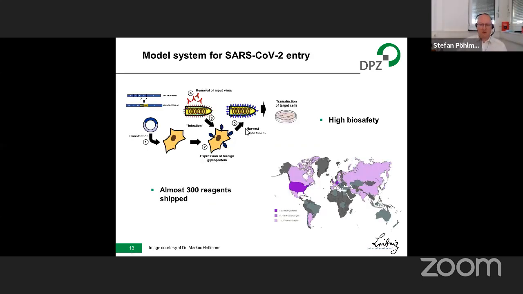They first generated a model system that allows to study SARS coronavirus 2 entry in the BSL-2 laboratory because it relies on pseudotypes based on the vesicular stomatitis virus. It's very safe, it's very fast, and it's highly quantitative. And we distributed those reagents to many laboratories worldwide and hopefully helped to initiate some interesting projects.